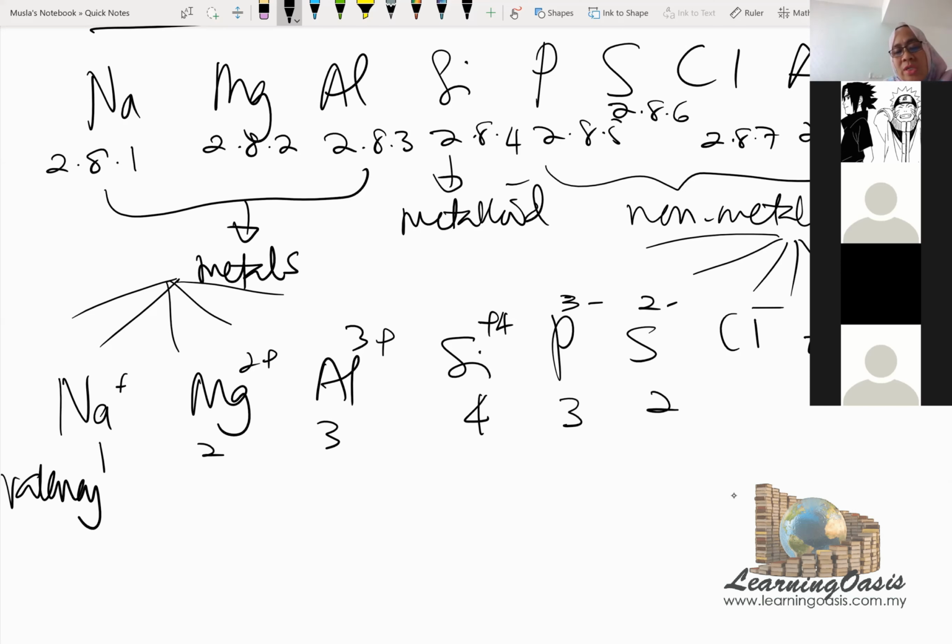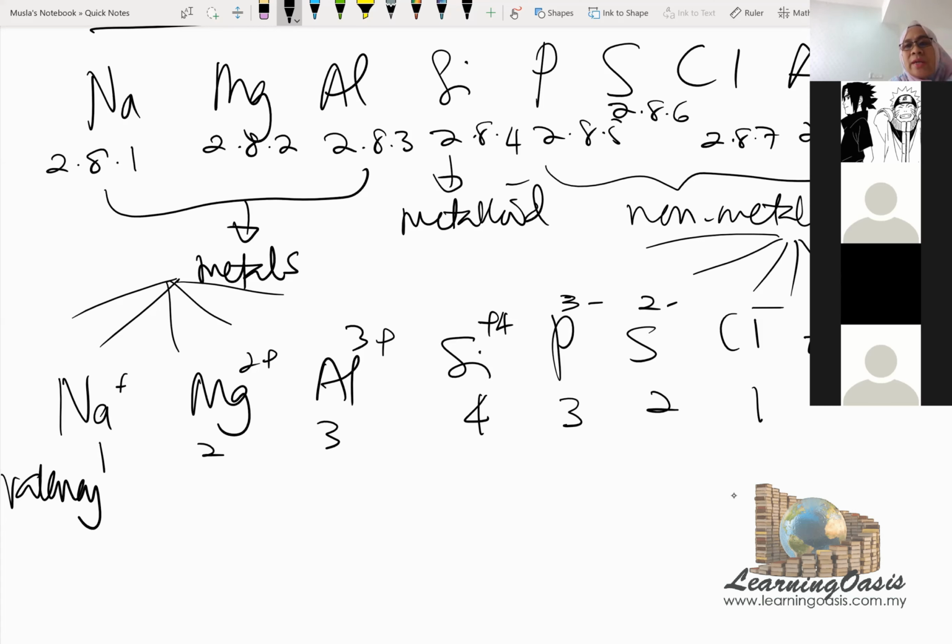Now, if the question says from sodium to silicon, the valency increases from 1 to 4, explain why. So, what's your explanation? Valency of the element from sodium to silicon increases from 1 to 4.